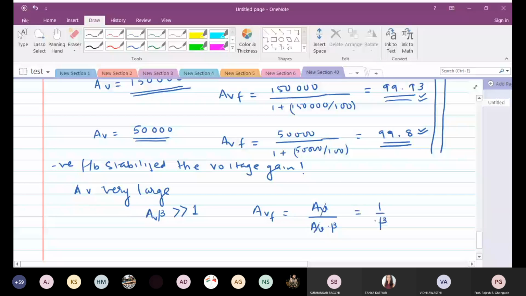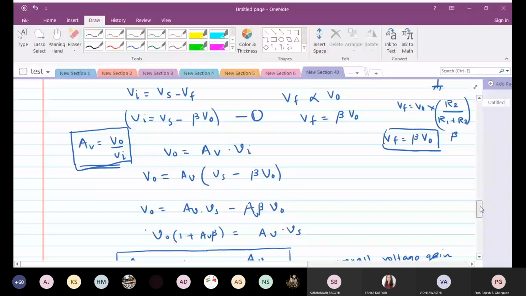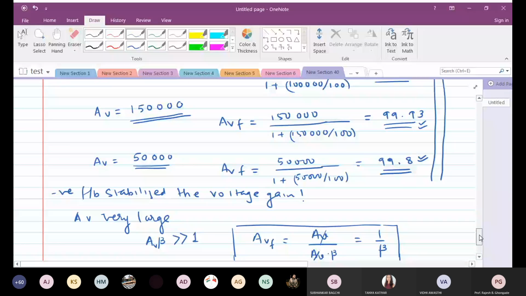What does this tell you? Beta network we have seen is simply a resistive network which cannot change. So what does this tell you? Yes, sir. It is constant.